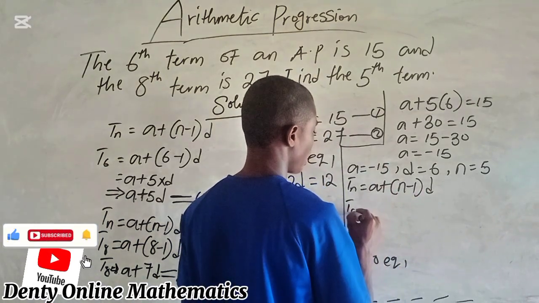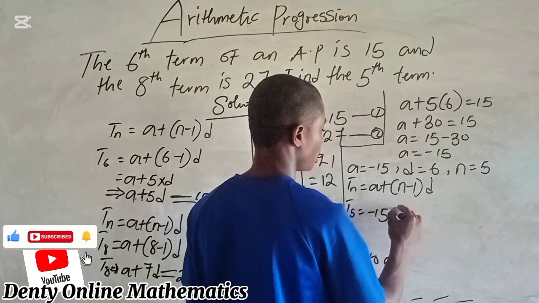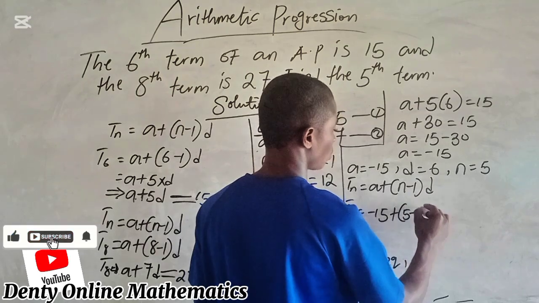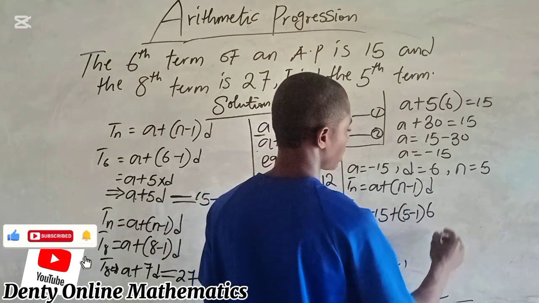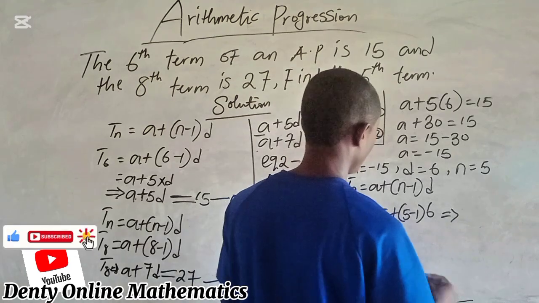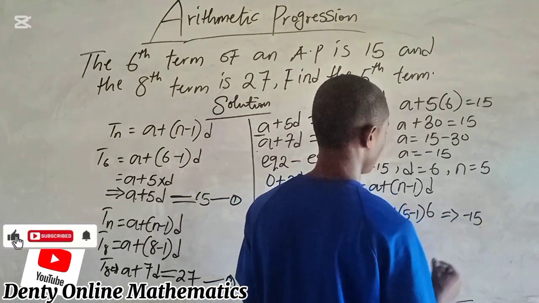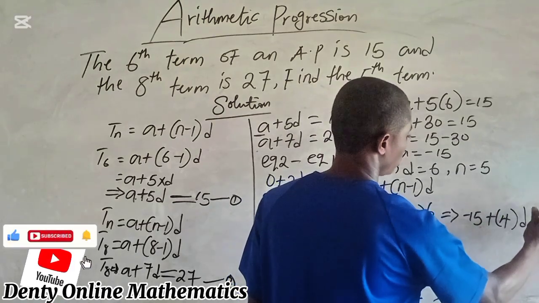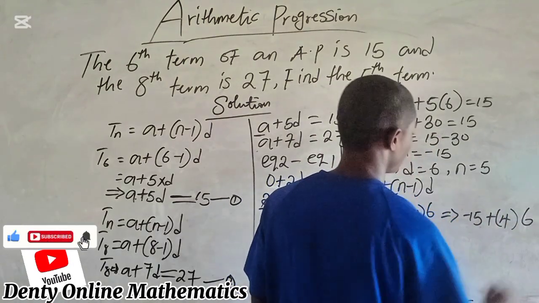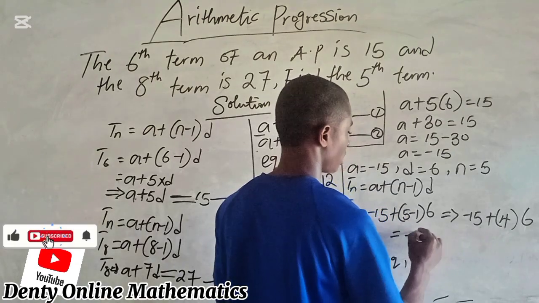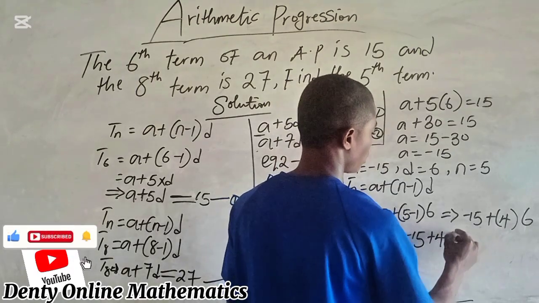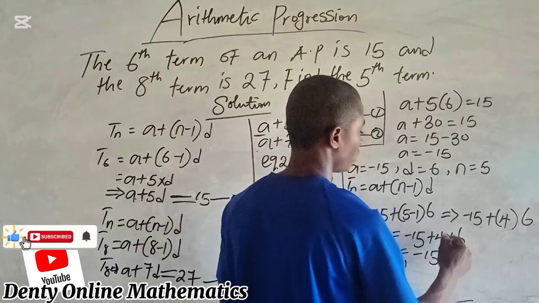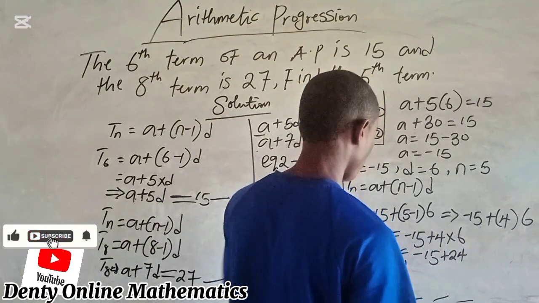T5 will be equal to minus 15 plus (5 minus 1) times d, and d is 6. This implies minus 15 plus 4 times 6, which is minus 15 plus 24.